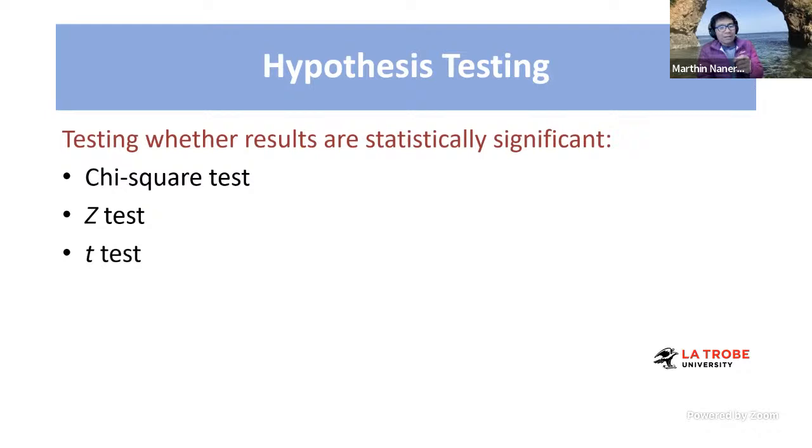If it is, then you can say that test is significant, and that means you can reject the null hypothesis. If you reject the null hypothesis, then you can explain what the alternative hypothesis means.